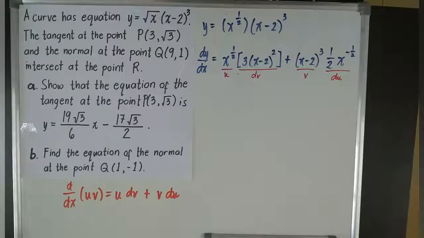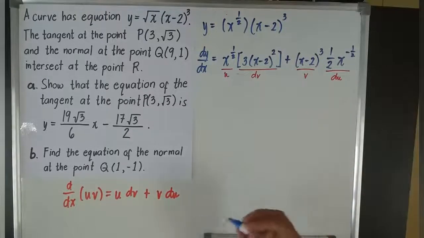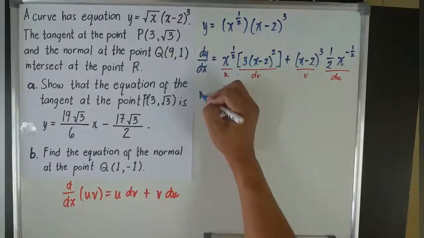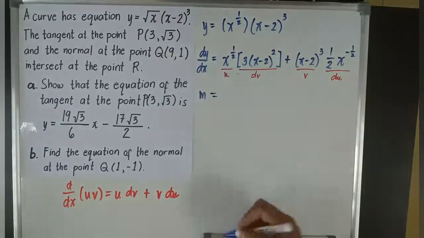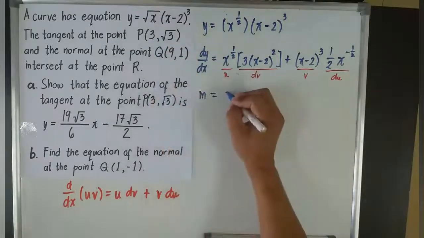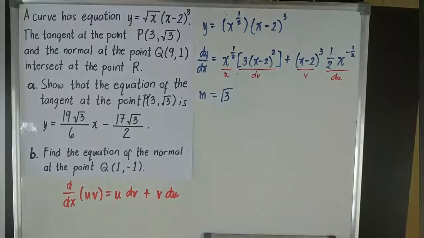Next, let's simplify it, or actually you don't need to simplify it anymore. You can immediately change the value of x to get the value of m. What is the value of x at that point? It is 3. So 3 to the power of 1/2 is the square root of 3. Remember it's the square root of 3.